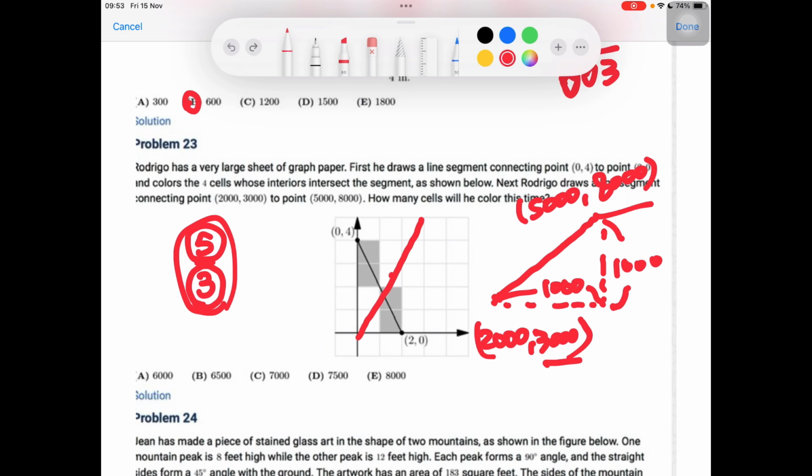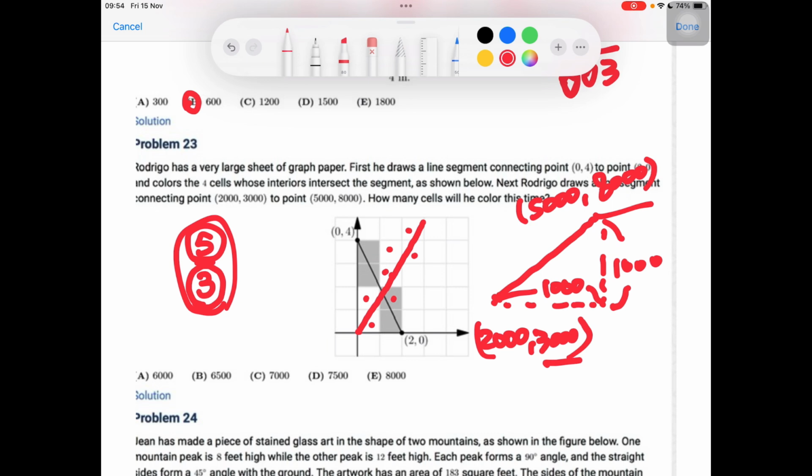Like this, 1, 2, 3, 4, 5, 6, 7. I think like this, because I expanded this picture too much, so I cannot make a thinner pen.